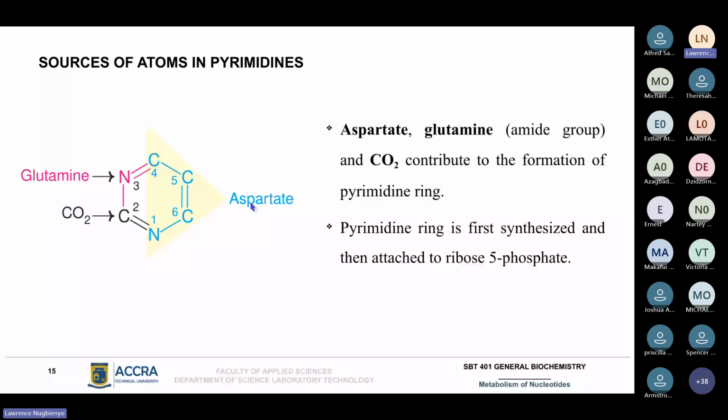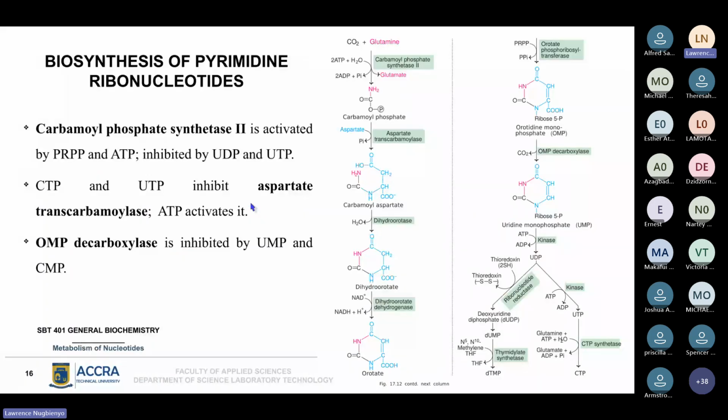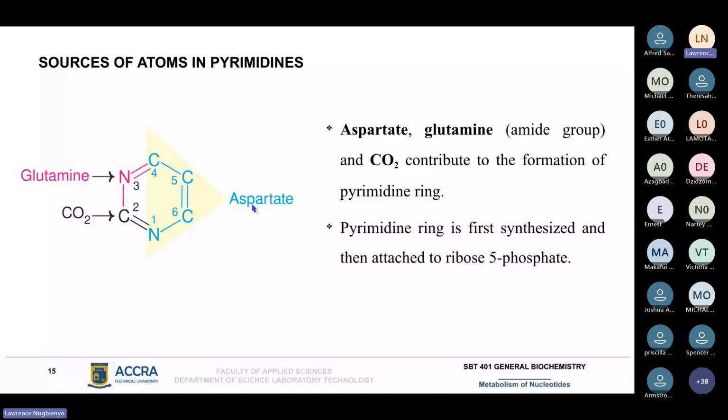And then again, the difference between the synthesis of the pyrimidine ring and the purine ring is that the purine ring, as you saw, was being synthesized directly on the ribose 5-phosphate to form the nucleotide. In the case of pyrimidines, the pyrimidine ring is synthesized separately before it gets conjugated onto the ribose 5-phosphate.